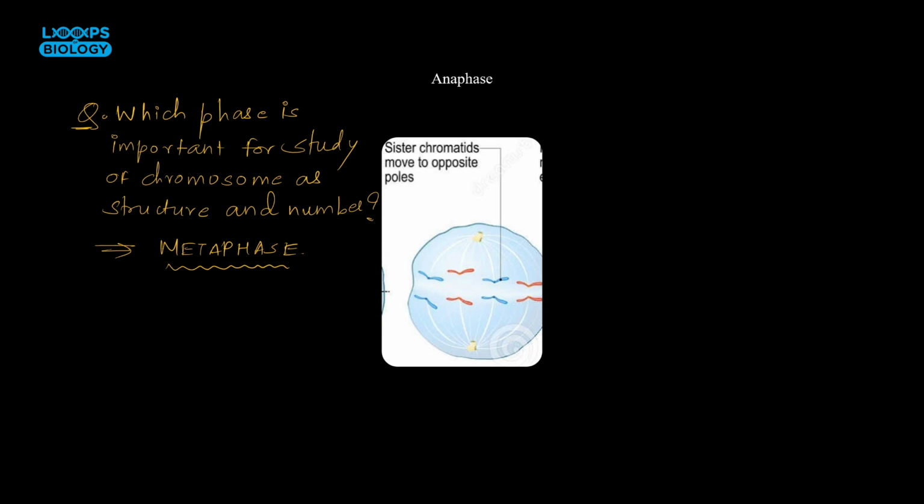Because after condensation of the chromatin fiber, all the chromosomes are arranged on the equatorial plate like a queue of students.